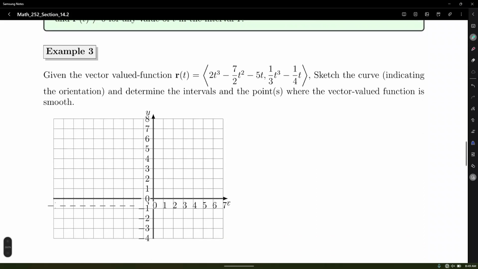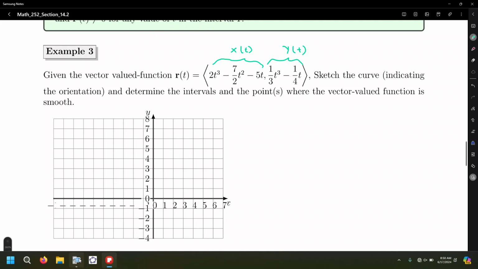Again, this is a vector valued function that can be rewritten as a set of parametric equations so we can graph it on our graphing calculator. All of this is our x of t, and all of that is our y of t. So let me go to the graphing calculator.